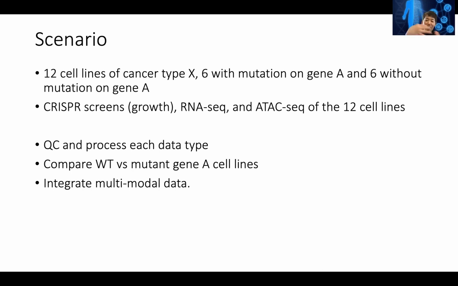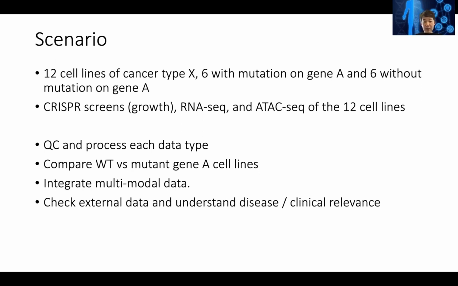So you start to look at your data that's more integrated. And finally is to check the external data. If there are some genes that become more essential, if there are some pathways that are becoming more essential, you look at, say, TCGA, other public data to see what is the disease or clinical relevance of what you are finding in these 12 different cell lines, right?